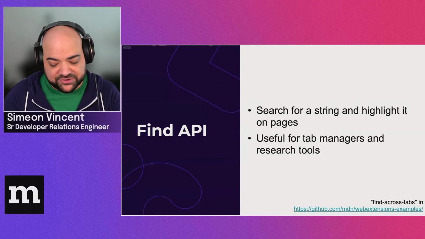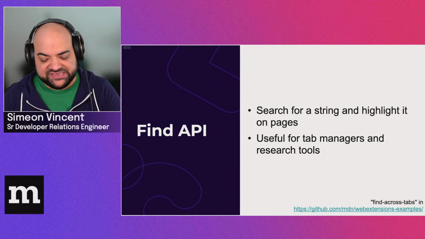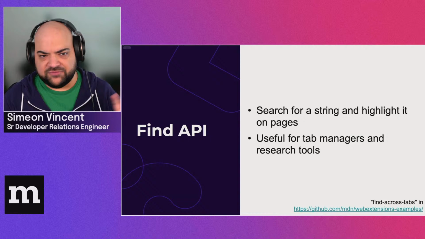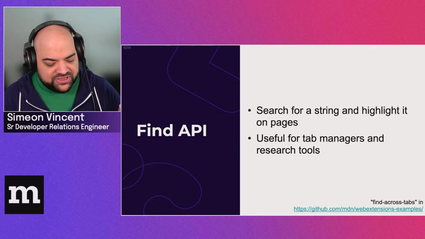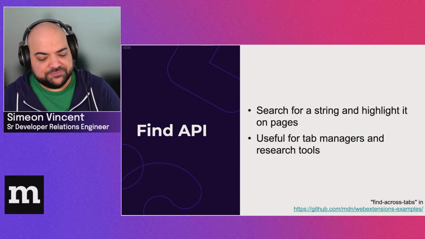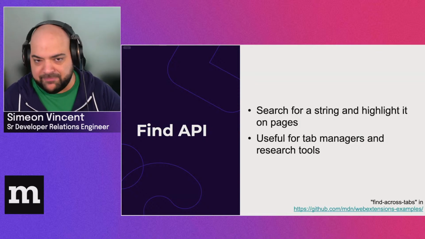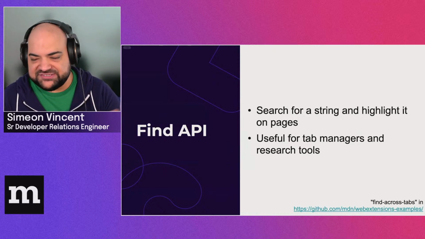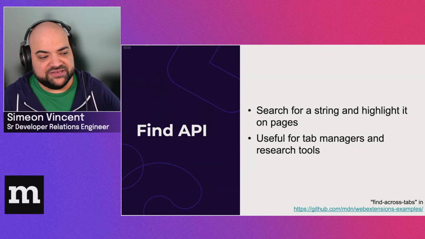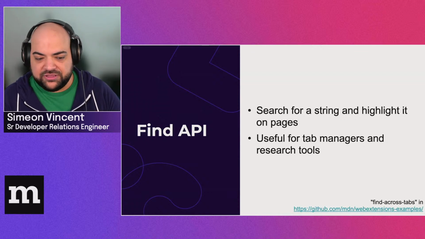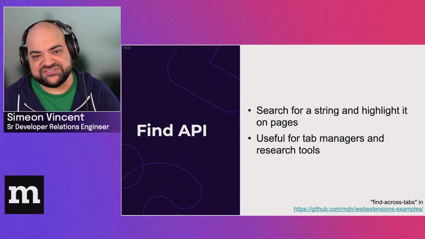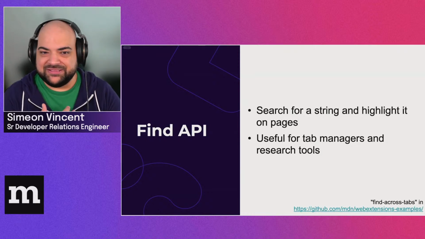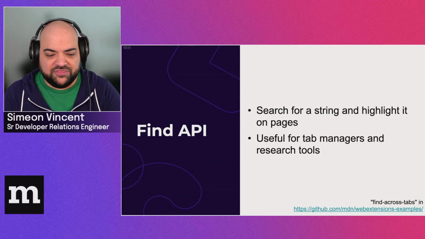By default, when you perform a find action, you will get the number of results on the page, but you can choose to highlight the matches, or in the initial find call, you can provide some additional parameters to be able to find exactly where in the document those ranges are that were matched.